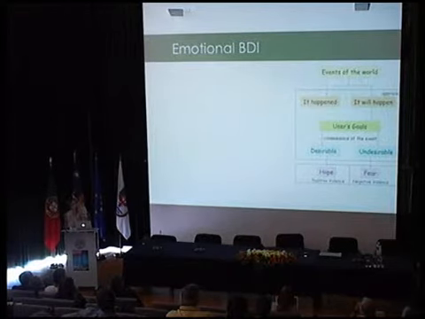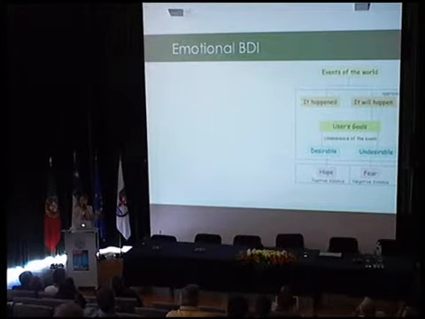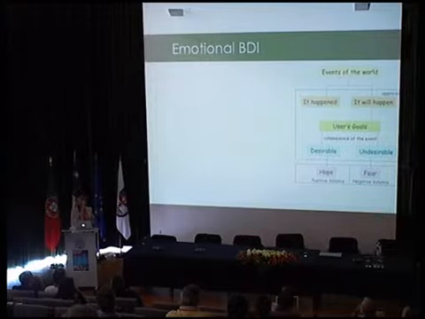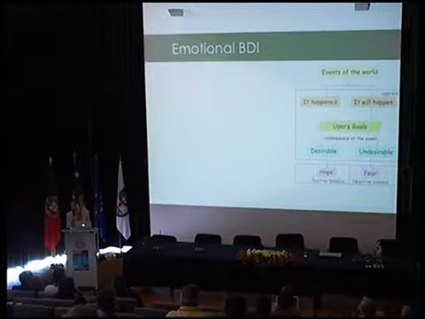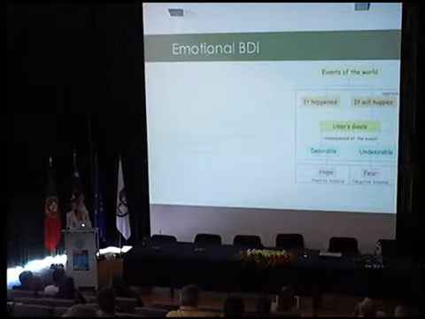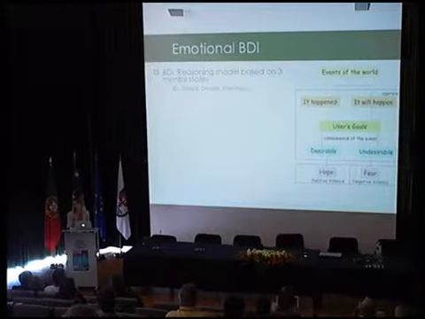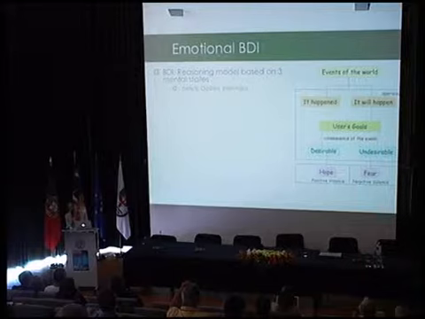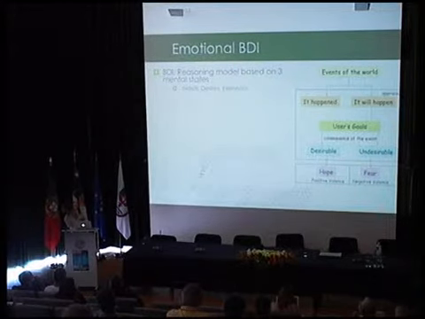We also want a very good model for expression of emotions for our emotional pedagogical agents. So we are working on an extension of the BDI model in order to incorporate emotional mental states. Okay?